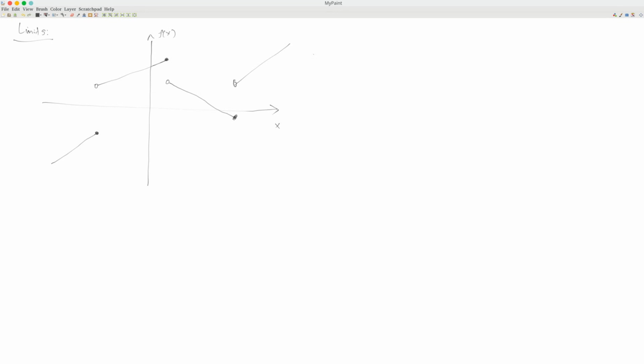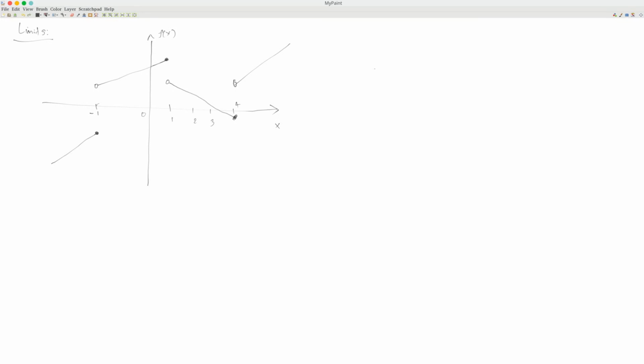That is a piecewise function, and let's say this is -1 and that's +1, we have 0. Let's say that is 4. So this is our piecewise function.